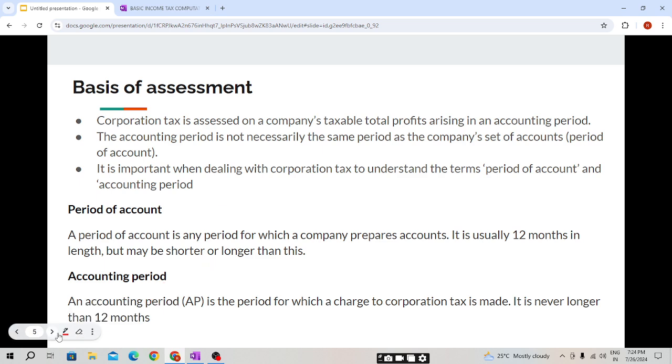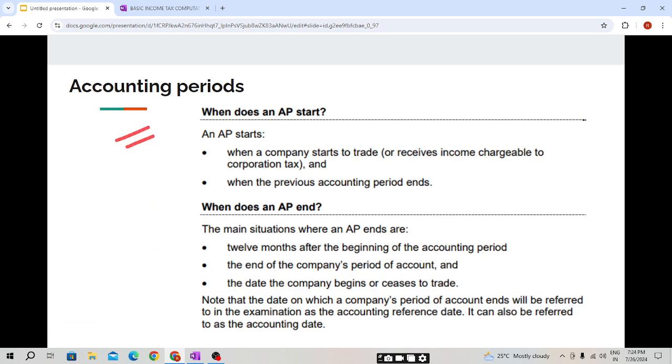Now students, moving to the next slide. Now accounting periods. As we have discussed, the accounting period is the period for which corporation tax is charged. But in the case of individuals, we have seen it is as per the tax year. In our examination, the opening and closing dates will be aligned.